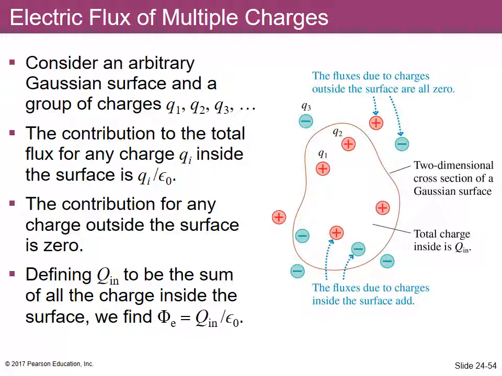From the principle of superposition, the total electric field is the sum of the individual electric fields from each charge. The total flux then must be the sum of the individual fluxes of each field produced by each charge. Defining Q enclosed to be the sum of all the charge inside the surface, we find the total flux to be Q enclosed divided by epsilon naught.